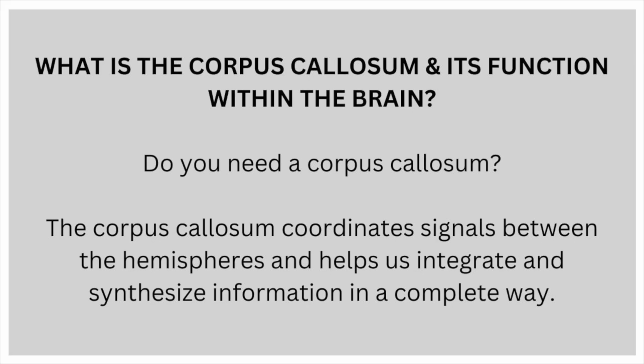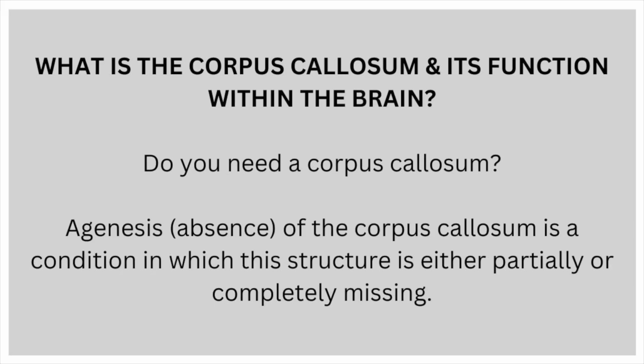Do you need a corpus callosum? The corpus callosum coordinates signals between the hemispheres and helps us integrate and synthesize information in a complete way. Agenesis of the corpus callosum is a condition in which the structure is either partially or completely missing.